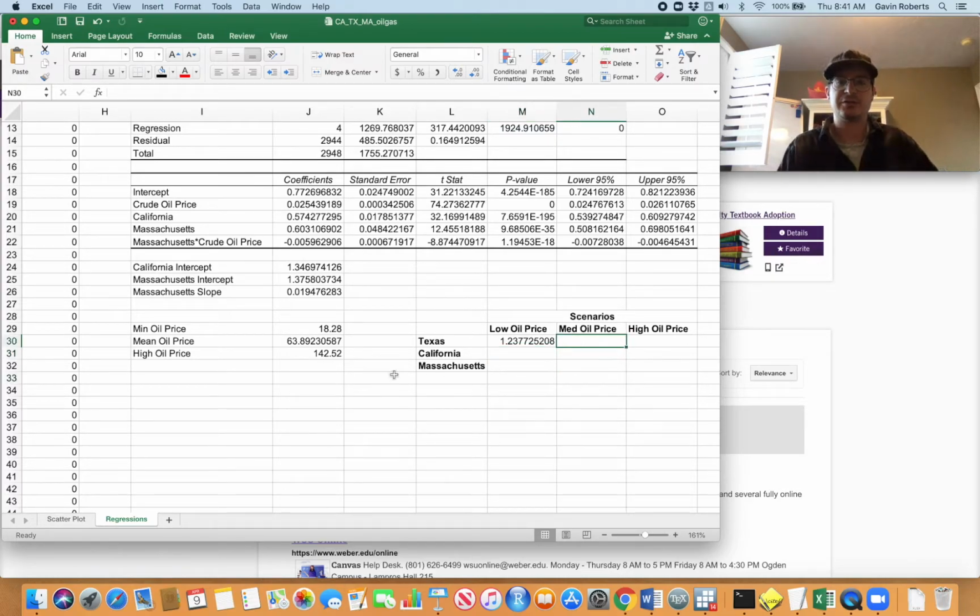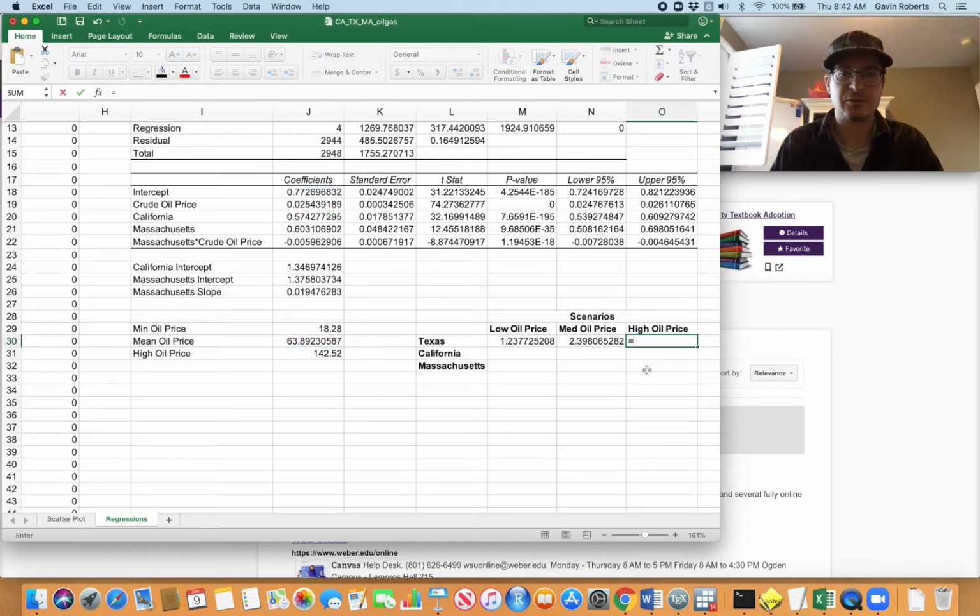So now we could do the same thing for medium oil price, intercept plus slope times the mean oil price. So that's obviously a little bit higher. Then equals intercept plus slope times high oil price.